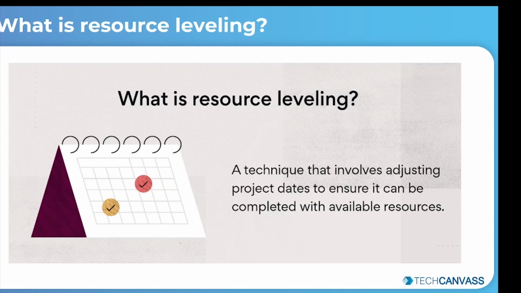Resource leveling, by definition, is a resource optimization technique that answers when the project can be finished with the available resources without overbooking them or spreading them too thin. Resource leveling will generally aim to distribute work between resources fairly, which not only contributes to a healthy work environment but also makes the project schedule realistic and achievable.